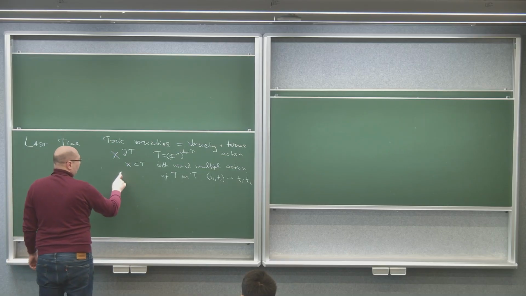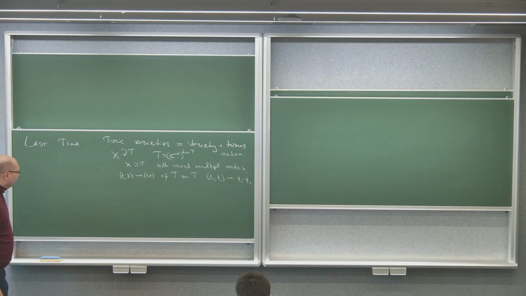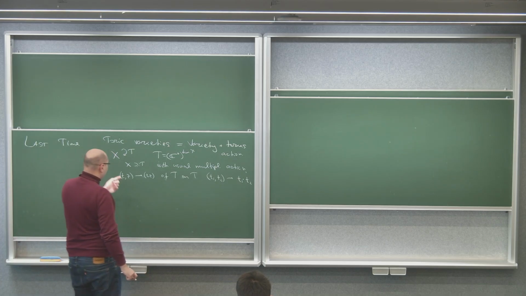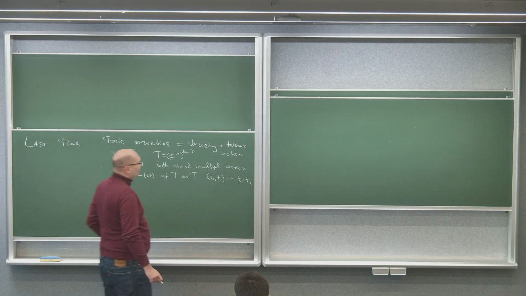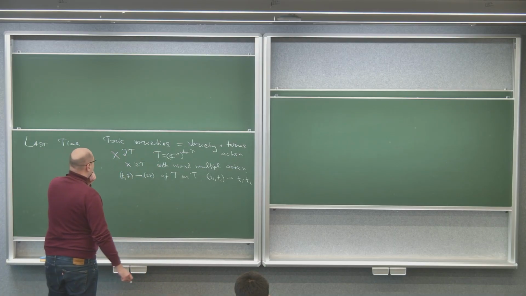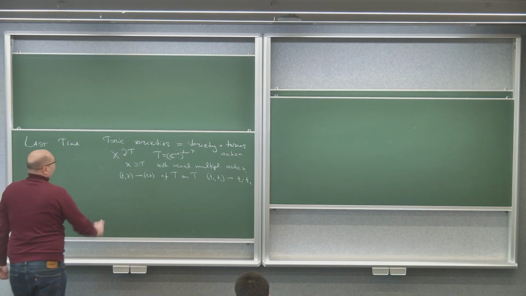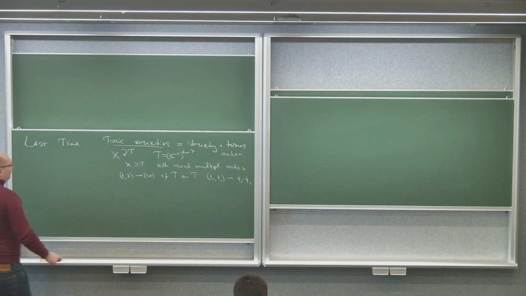And the action on X should be T. T includes X, so the action on X is like multiplication by T, and on a proper subset, this multiplication by T is the multiplication in this algebraic torus. Okay, so that was the formal definition.